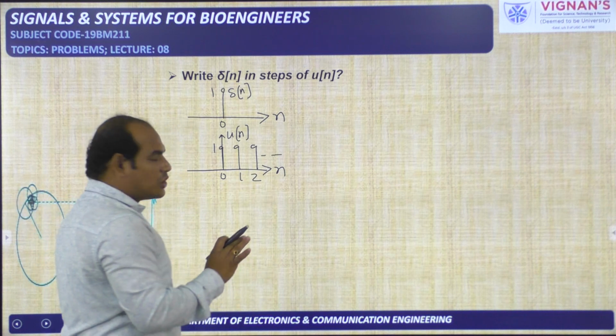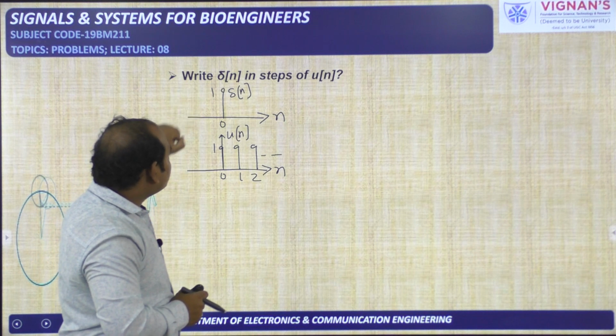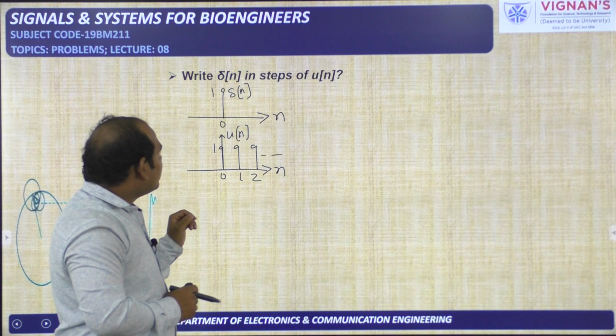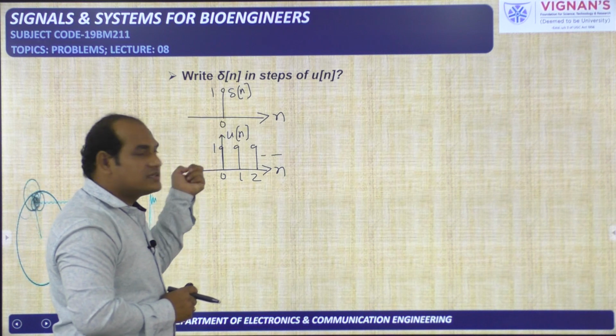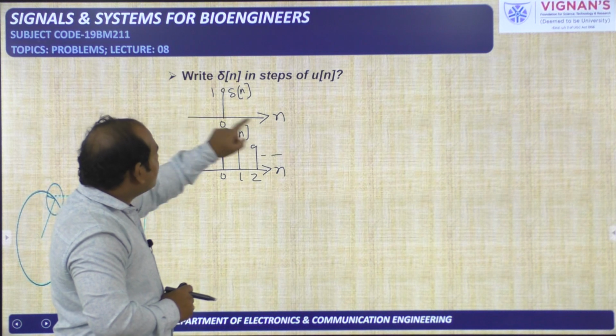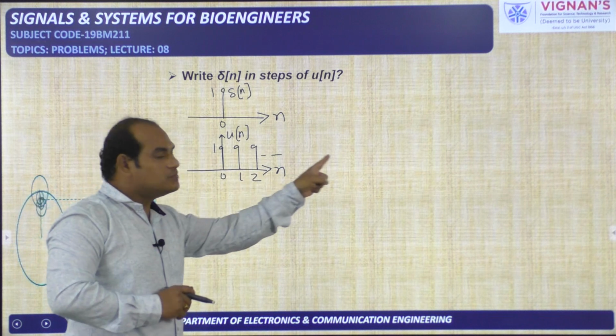Now simply think how to get this del of n from this u of n. U of n is actually having the del of n only. The del of n is nothing but one sample with amplitude 1 at n is equal to 0. That is there here. So all these other things should be removed.